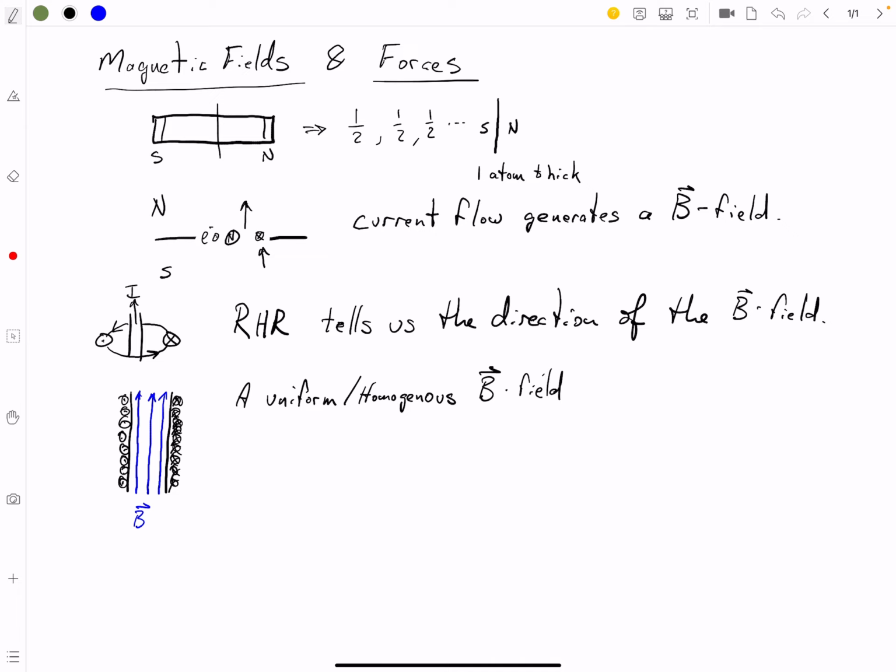However we produce our B field, it doesn't matter, but we've got some B field and we've produced it, nobody knows why or how. Nobody cares. It's just there.